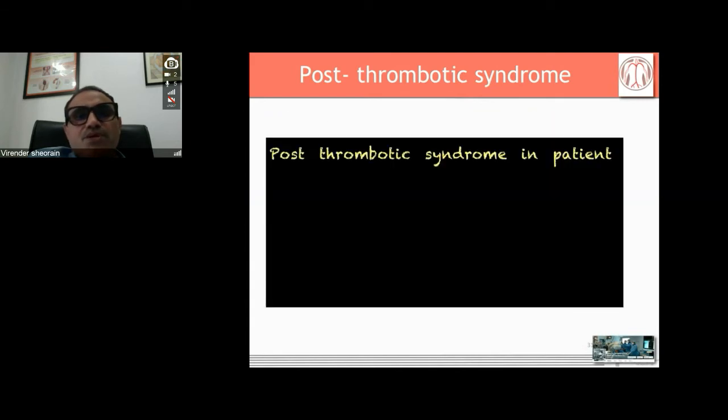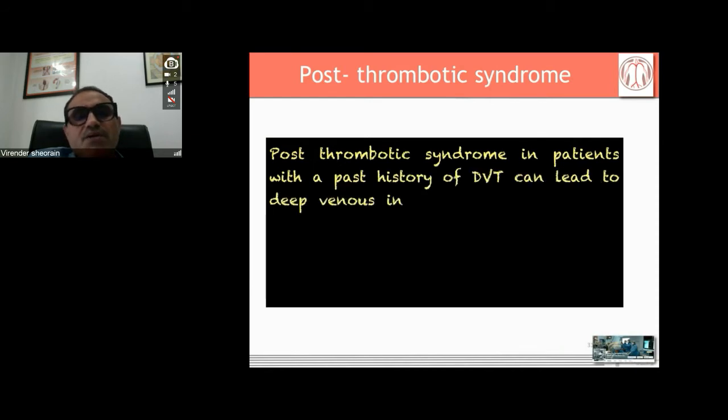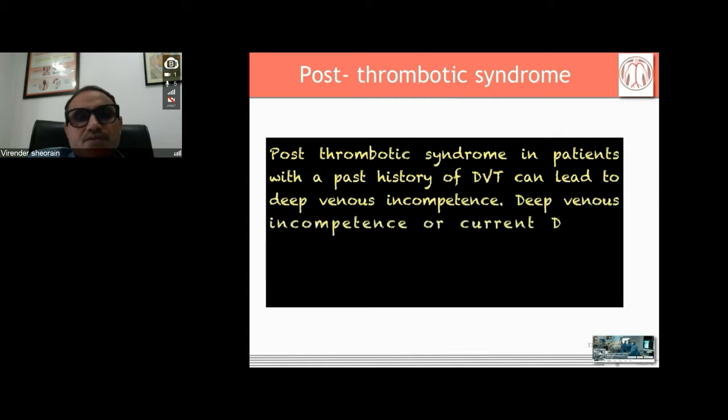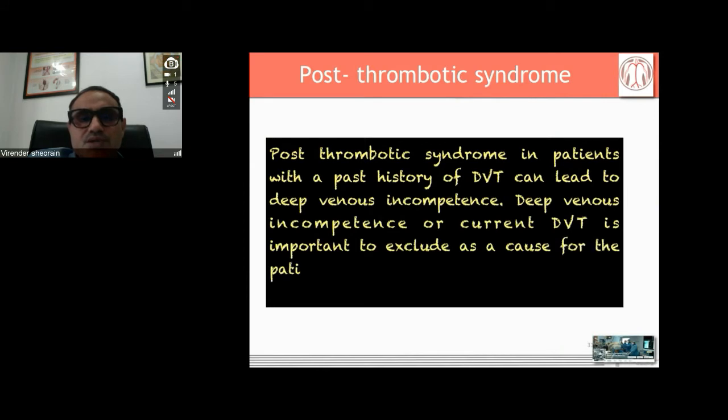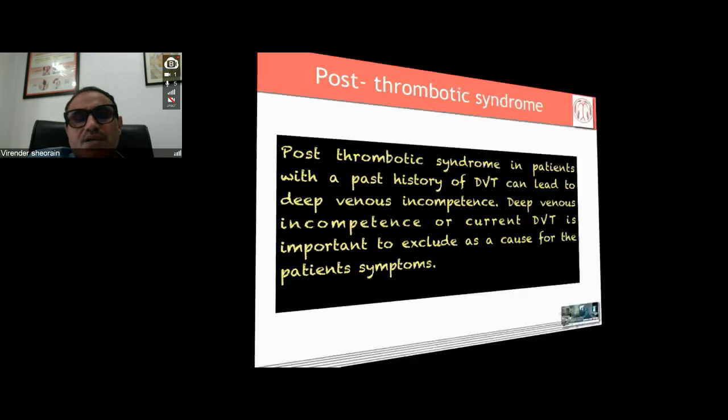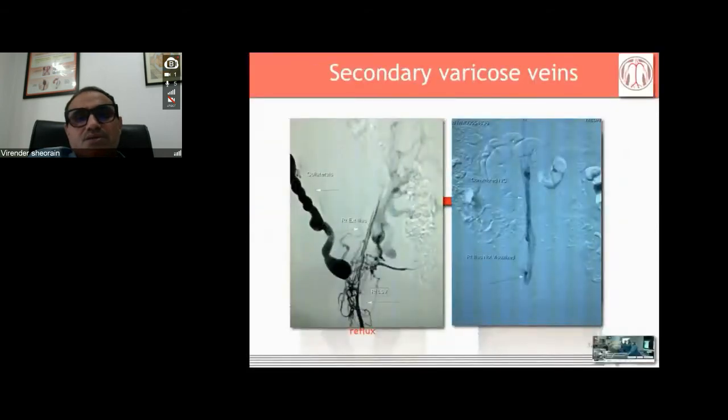Post-thrombotic syndrome in patients with a past history of DVT, as I have already told you, can lead to deep venous incompetence or current DVT. So it is very important to exclude this as a cause in patients presenting with ulcer or secondary varicosities. This is just a digital subtraction image which I wanted to highlight.